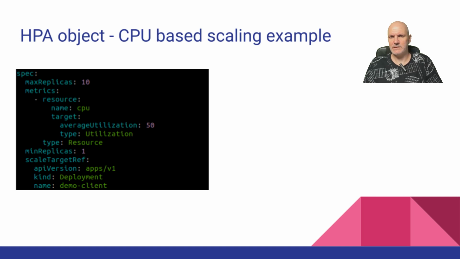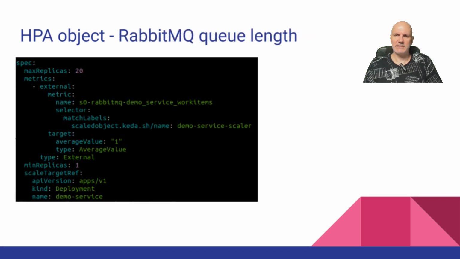When using resource metrics for CPU or memory, it is important that your application declare relevant resource requests. The utilization threshold is calculated based on it, so the scaling cannot work without it. Here is another HPA example configured to keep one pod per RabbitMQ message.